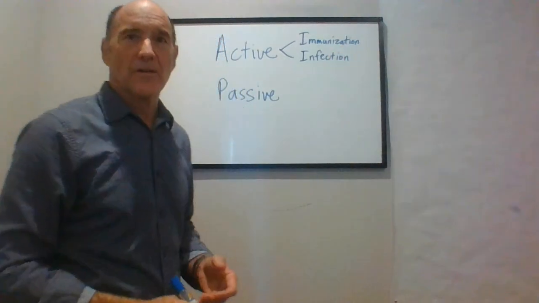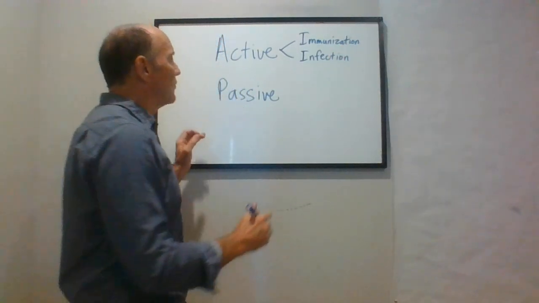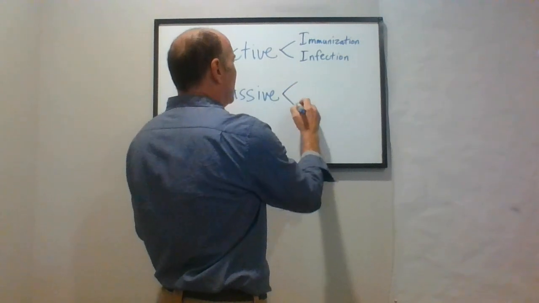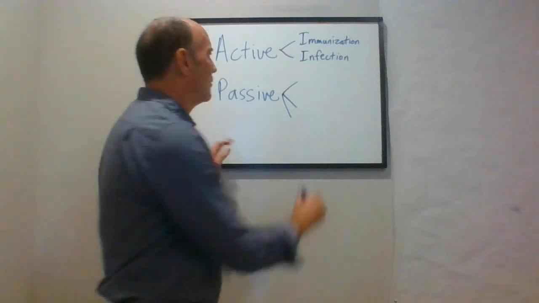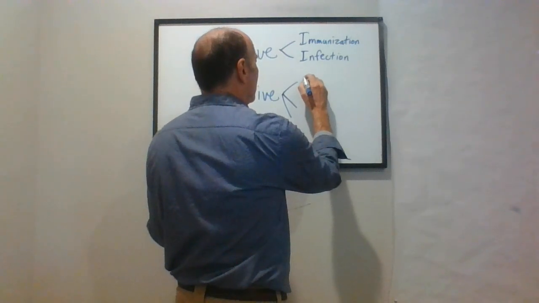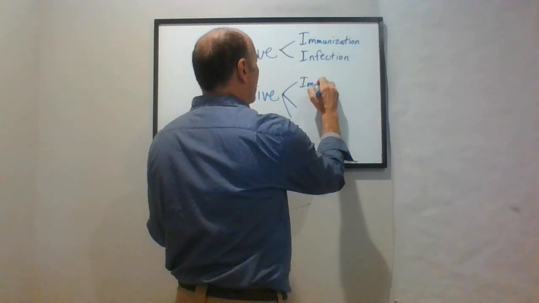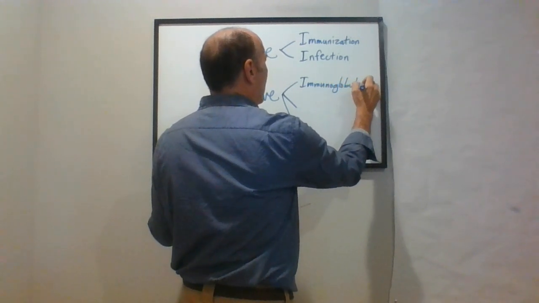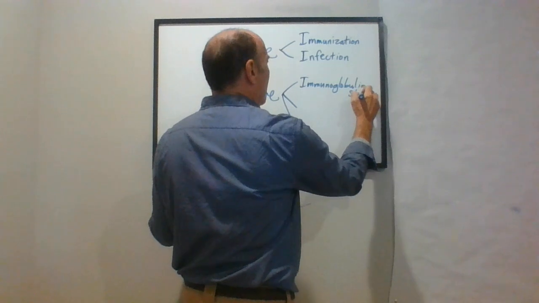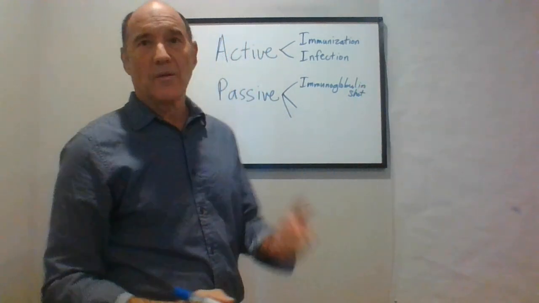The actual organism. Passive immunity would be when somehow you are given antibodies. That could be an immunoglobulin shot. That's you've been passively given them.